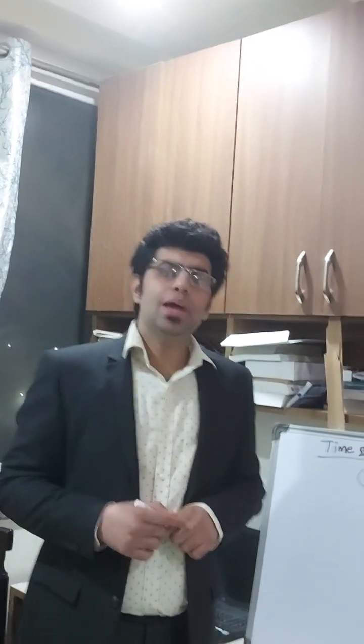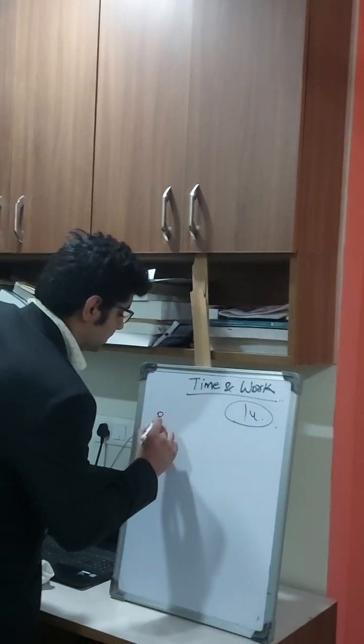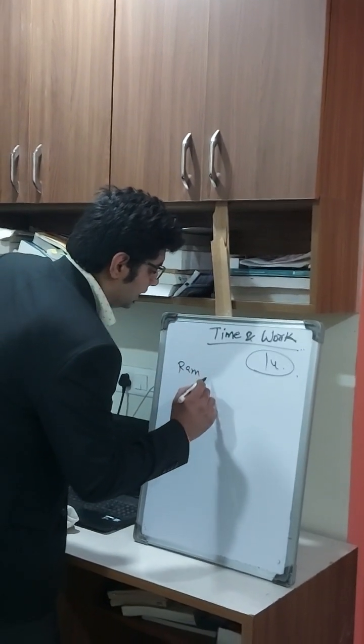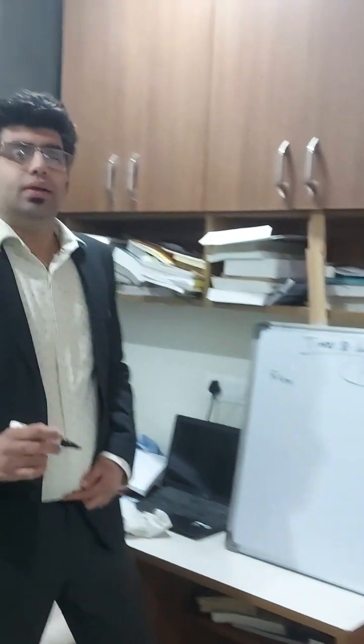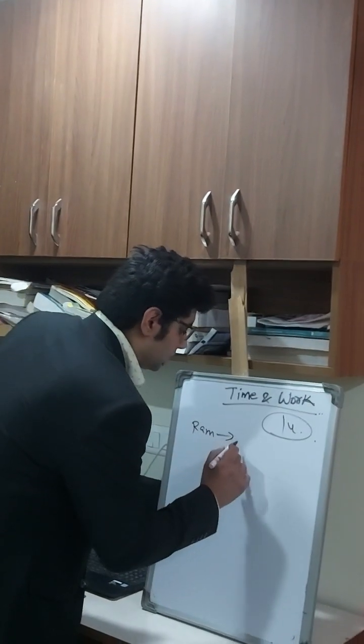Generally these types of application problems find their application in fields where workers are employed to do a certain task, such as in construction sites. Let's suppose Ram is a worker and he repairs a door in, let's say, 6 days.